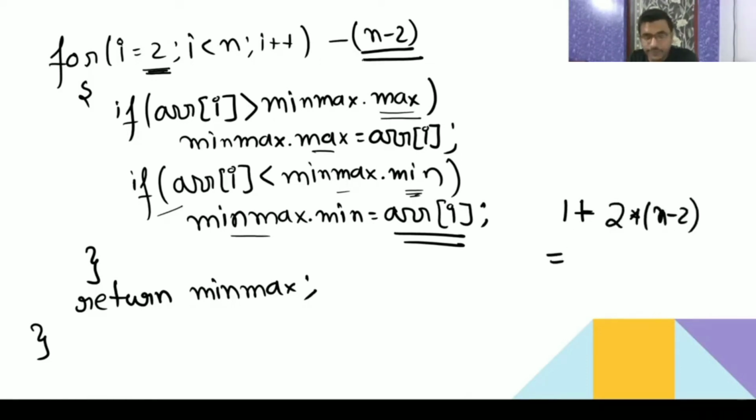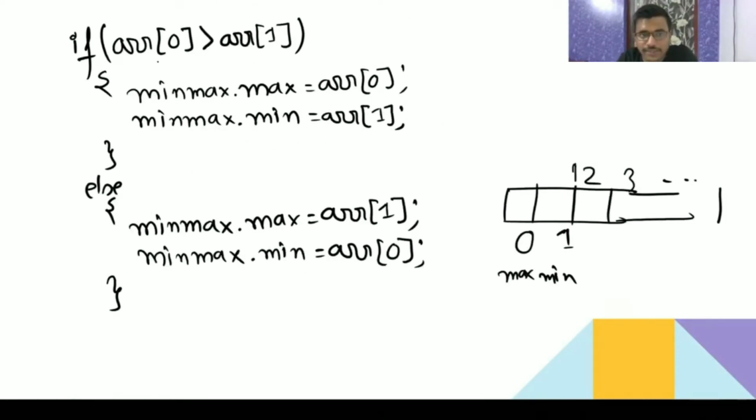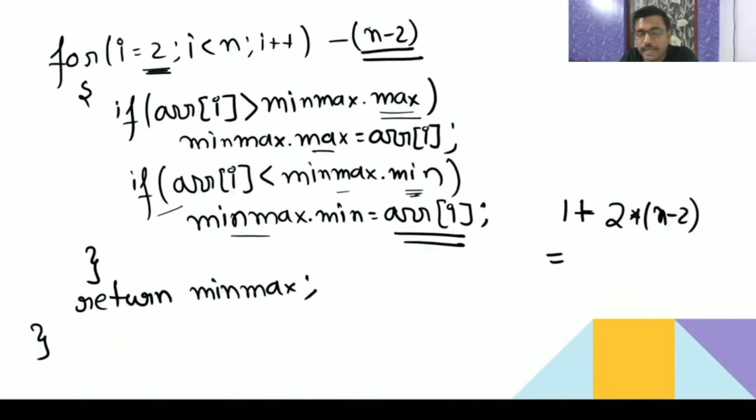The first comparison you did, this one comparison. Then this loop is running n minus 2 times, because 0 and 1 you have done. Now for 2 you are starting, from 2 it will go to n minus 1.